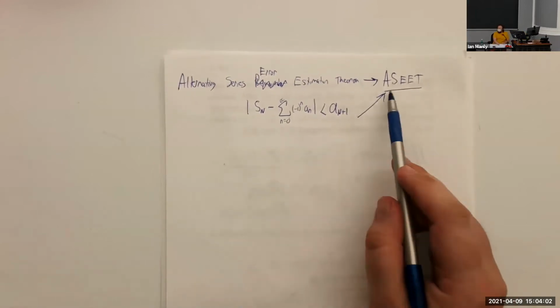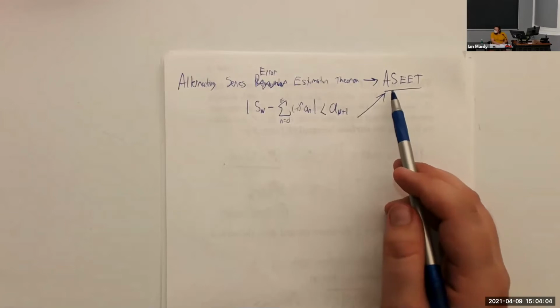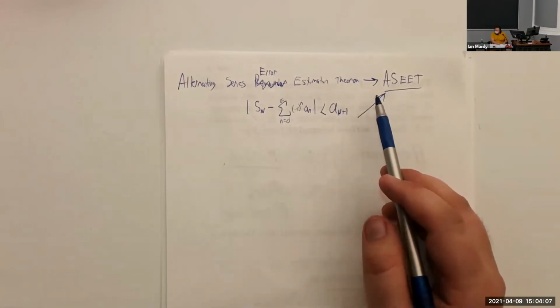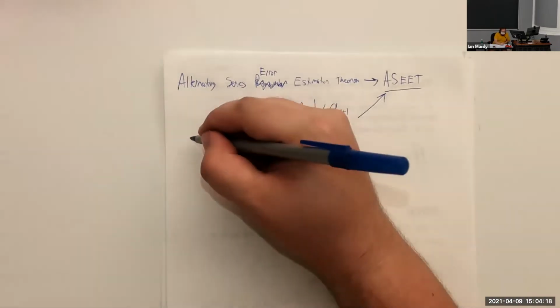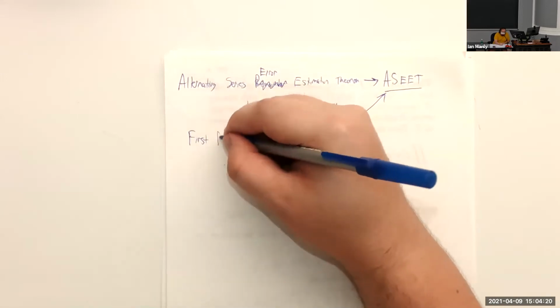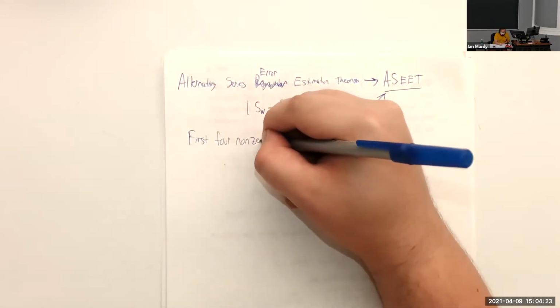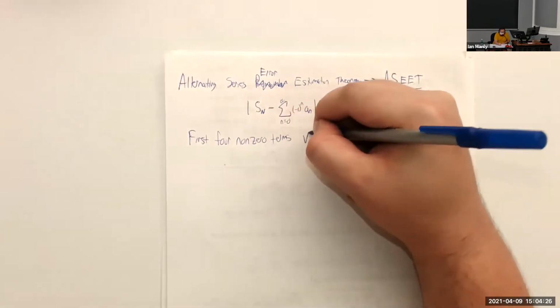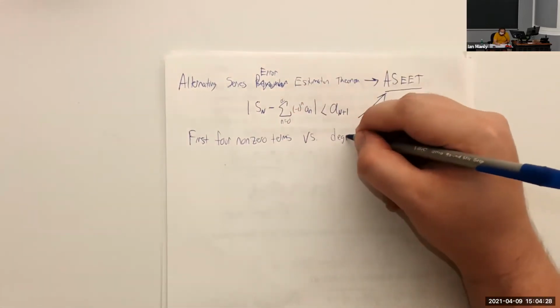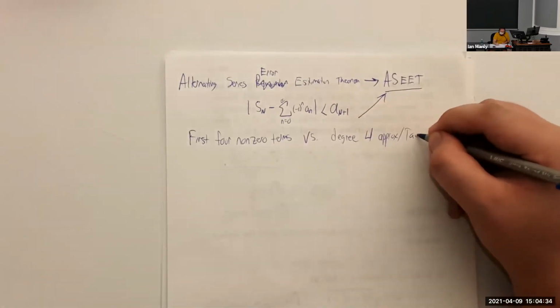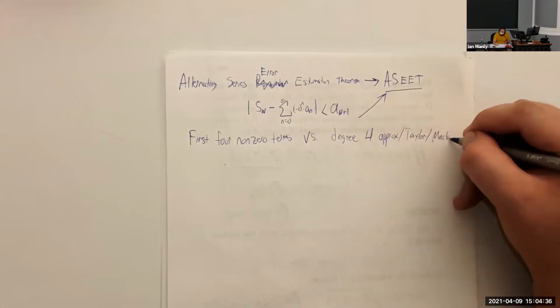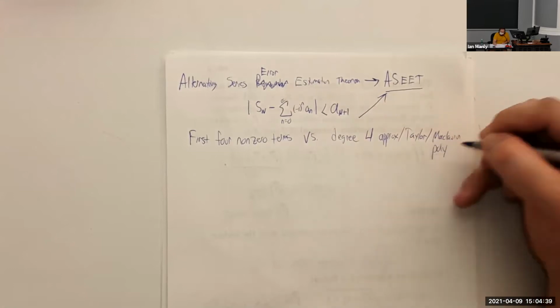All right, but anyways, I just wanted to let you know about this abbreviation for the alternating series error estimation theorem here. Okay, now another thing I want to talk about is probably the biggest point of confusion on this exam or whatever exam has power series in it, is knowing the difference between the first, let's say 4 non-zero terms versus a degree for approximation or a Taylor or a Maclaurin polynomial.